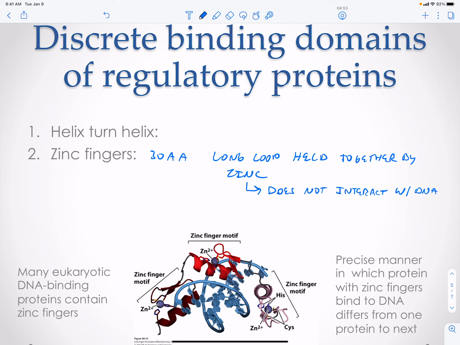Now, the zinc finger is also going to be in eukaryotes, and the mechanism with which the zinc fingers are going to bind to the DNA differs from one protein to the next. And so we're going to have different zinc finger motifs as shown here, in which you have the zinc that is going to hold together these loops of the amino acids.